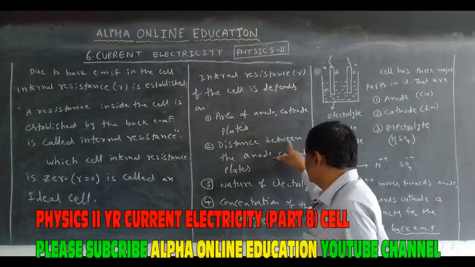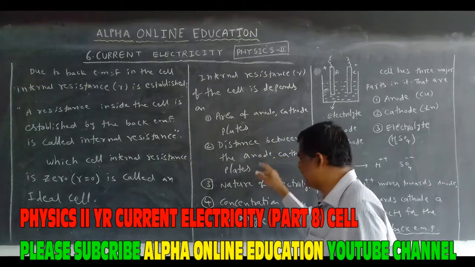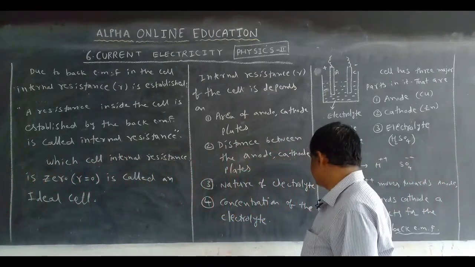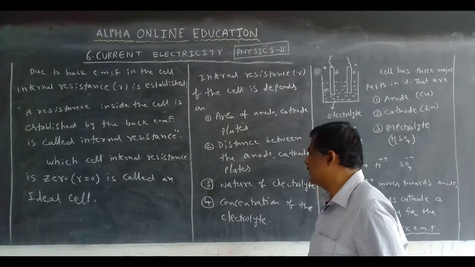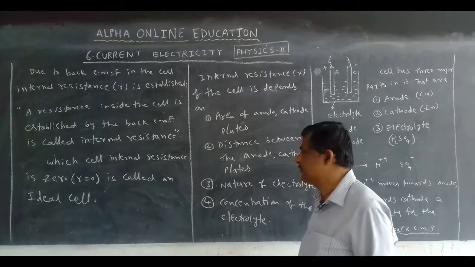Number 2, distance between the anode and cathode plates. Number 3, nature of the electrolyte. And 4th one, concentration of the electrolyte. Okay, internal resistance depends on 4 factors. What are those 4? Area of anode and cathode plates, distance between the plates, nature of the electrolyte, and concentration of electrolyte.